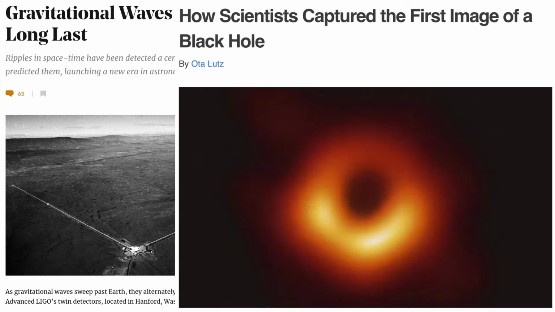Instead, what scientists did was they set up multiple telescopes all across the world, and they all aimed at the same spot. They took a picture, and then they computationally reconstructed this picture based on the very, very faint signal they got from each of those telescopes. And that also is a data science problem.